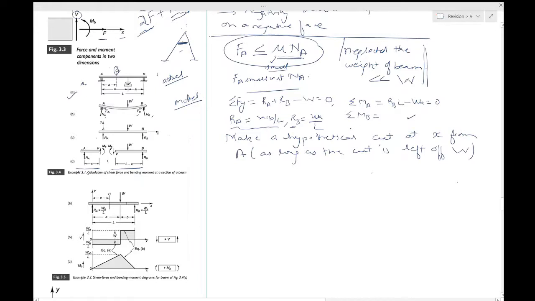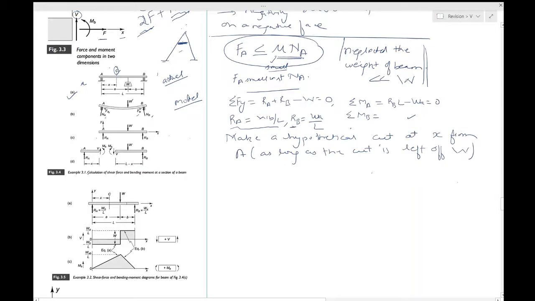Since in the left hand free body, the face of the cut has an outward normal directed in the positive x direction, while in the right hand free body, the face of the cut has an outward normal directed in the negative x direction. So that's why you have this V in this direction, so that you can use the same symbol.